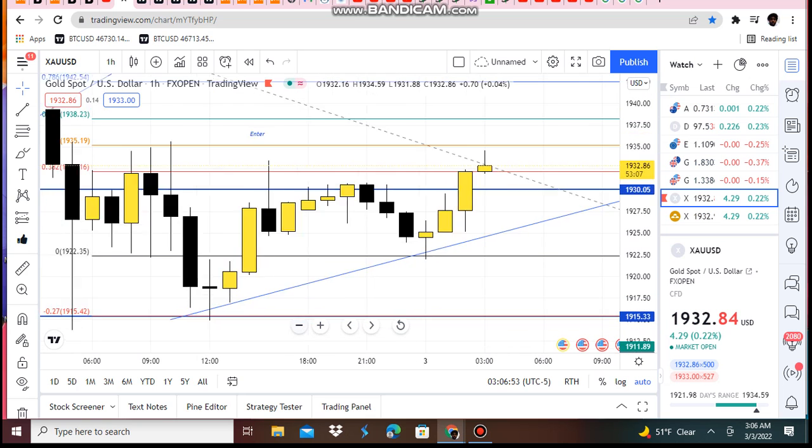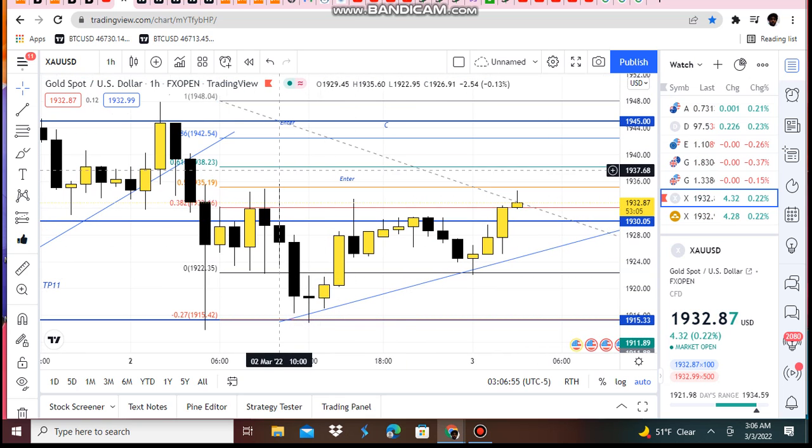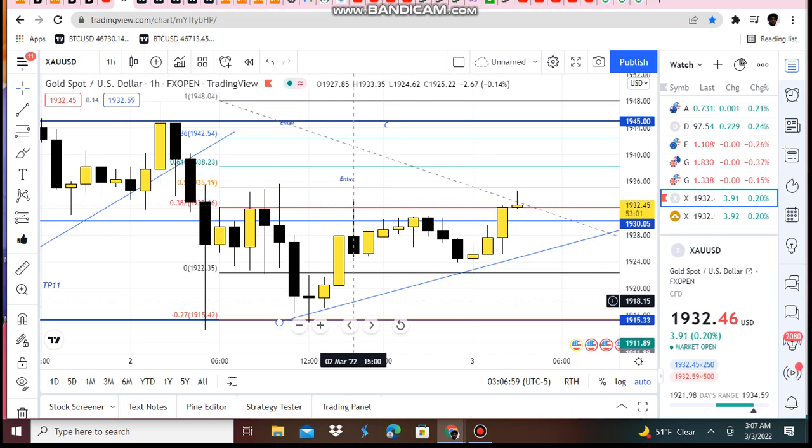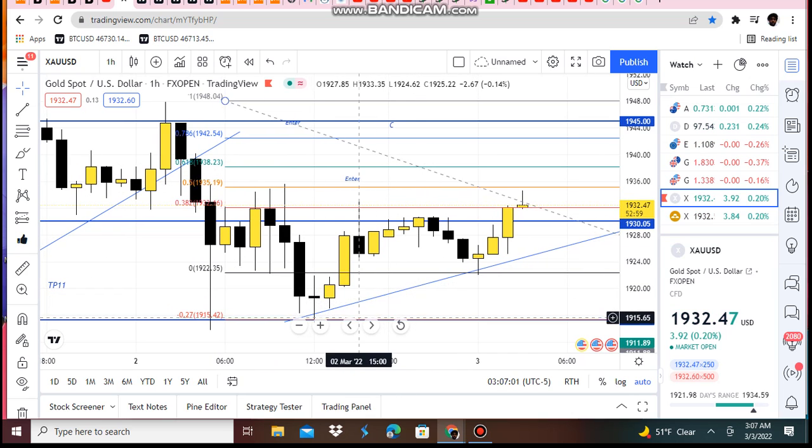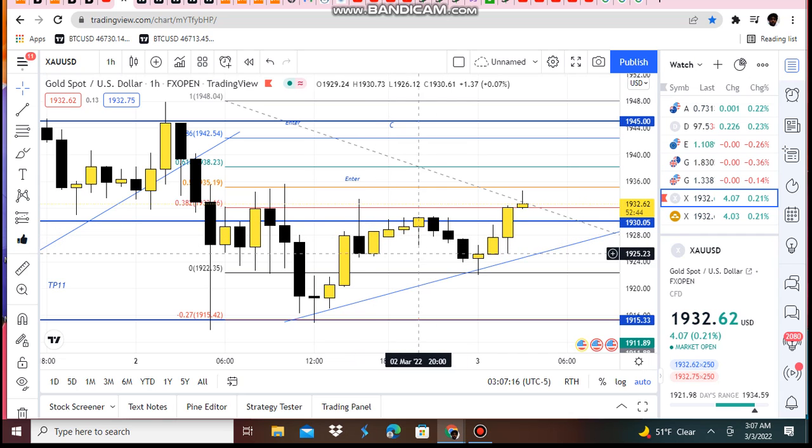We're in an uptrend right now, but price made a lower low all the way down to the 27 extension. Boom, and then it went back up to 1933, which shows us that it's rejecting off the 0.382 level, and eventually heads back down to 1927.